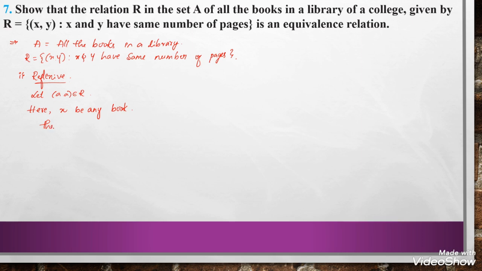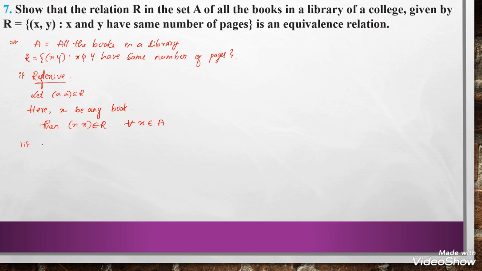Then X is related to X. Yes, if in a library so many books are there, the book is related to the same book also. For every X belonging to the set A, similarly the same type of books are there in that library. That's why the relation is satisfied.